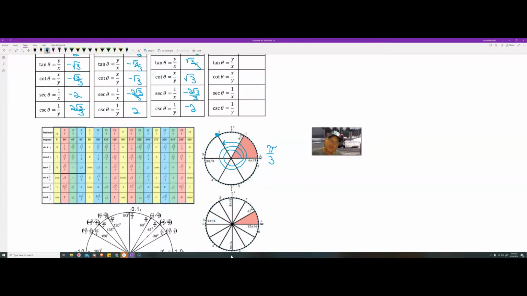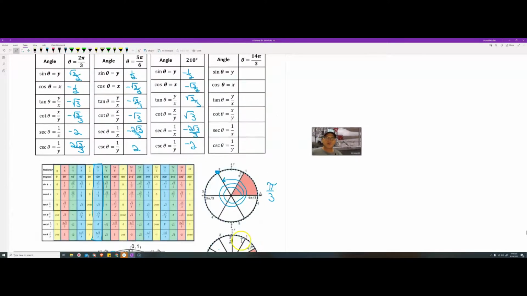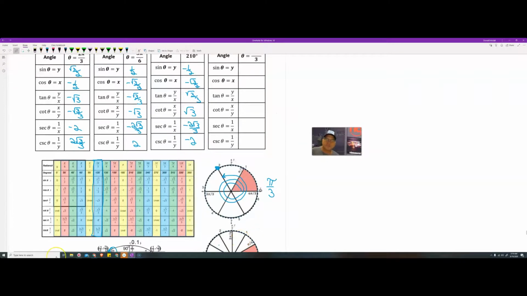My endpoint would be the same as 2 pi over 3. So I can use this entry right here for the 14 pi over 3 because they land at the same place. So this would just be root 3 over 2, negative 1/2.